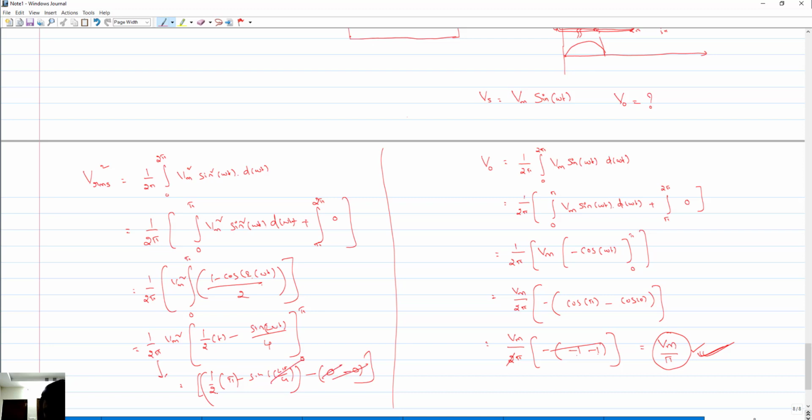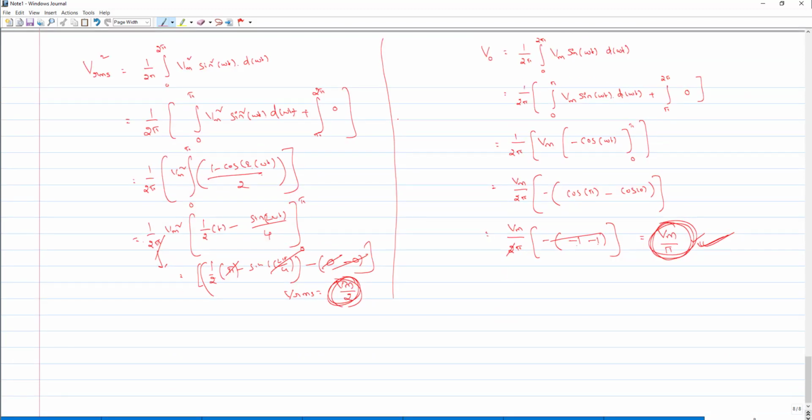So this pi goes, 2 into 2 is 4. If I take the root, then Vrms is equal to Vm by 2. So this is Vm by pi, this is Vm by 2. This is how you get the RMS value and the average value.